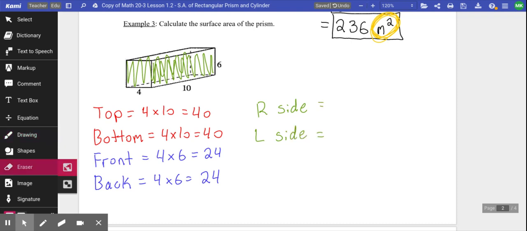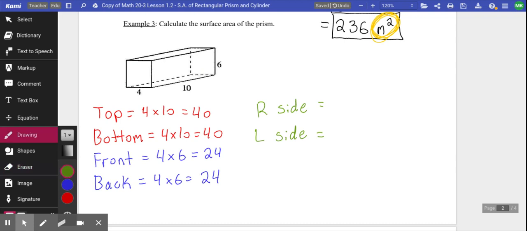I recognize that they are both the same. When I go to calculate it, I want to do length times width. And so length times width. For me, that's going to be 10 times 6, which is 60.